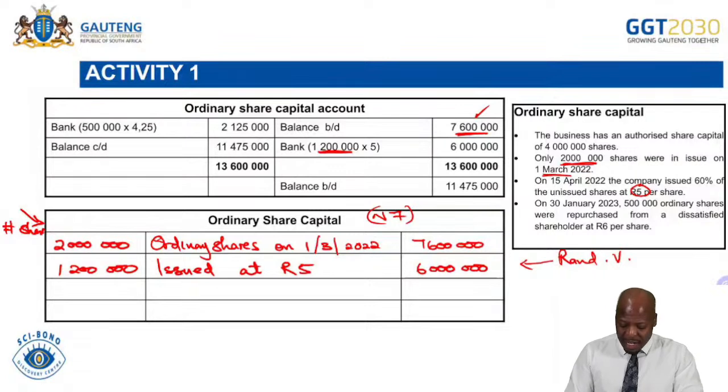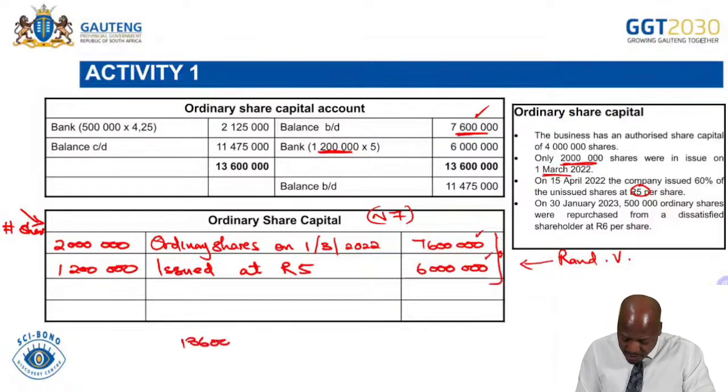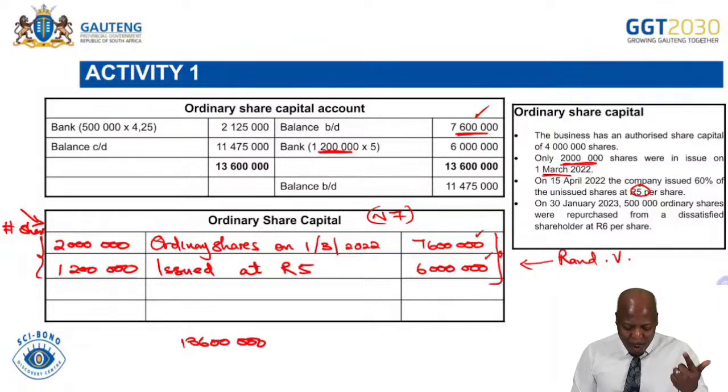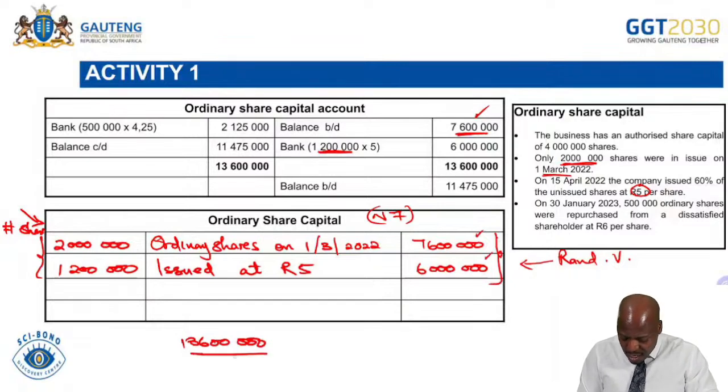Can I show you how to do that? You would add these two here, your 7.6 plus the 6 million. They give us 13.6 million. Then we add these two here, which is your 2 million and the 1.2. Then they give you what? They give you 3.2 million.